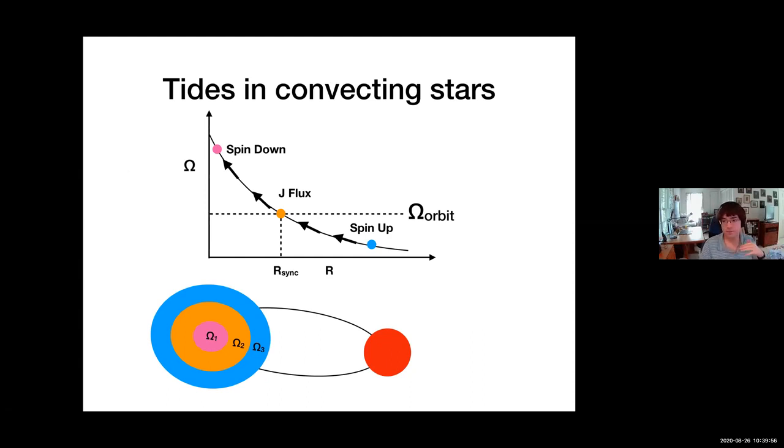And some parts are spinning slower, and those will be spun up. But then because you have an active angular momentum transport process happening in the star, angular momentum gets taken away from the places where it's spinning up and placed in the places where it's spinning down. So you build a conveyor belt that allows you to have both the net torque be zero and have the angular velocity be in steady state.